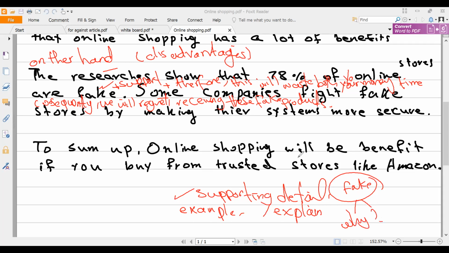Finally, "the online shopping will be beneficial if you buy from trusted stores like Amazon."